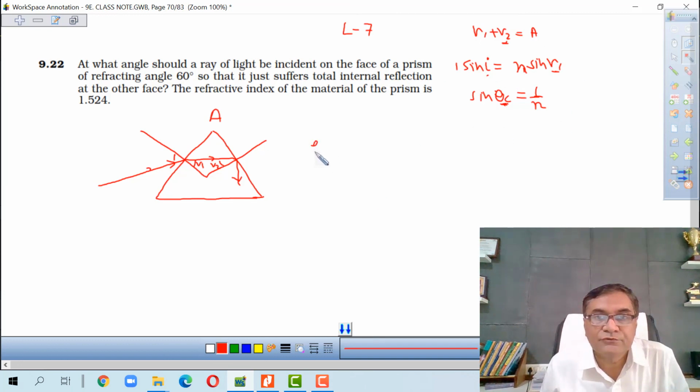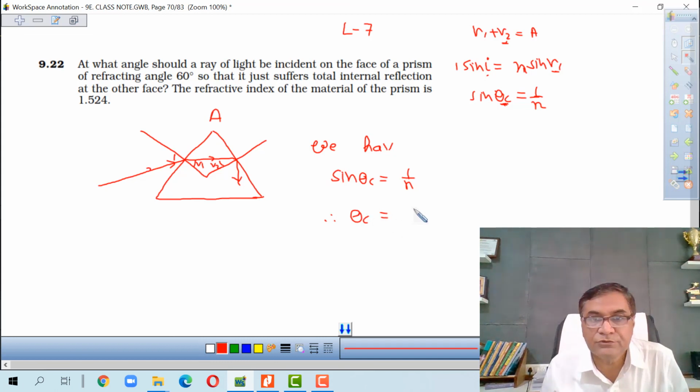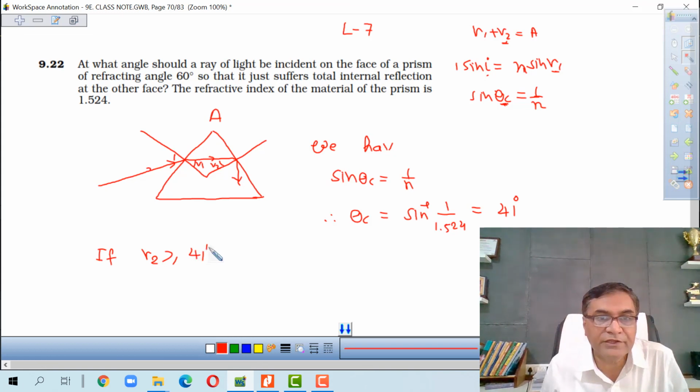So we have sin theta C is equal to 1 upon n, and therefore theta C is equal to sin inverse of 1 upon 1.524. That comes out to be 41 degrees. So if R2 is greater than or equal to 41 degrees, then TIR is taking place.